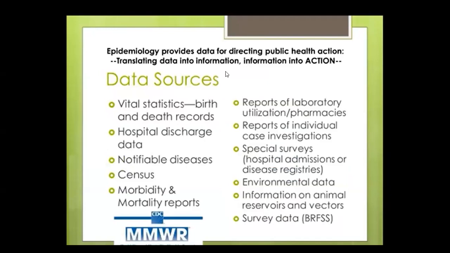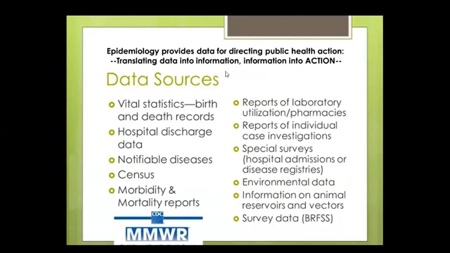For instance, our vital statistics, which contain our birth and death records, hospital discharge data for those people who are in the hospital for 24 hours or more. We have a national notifiable disease network where we have notifiable diseases that vary from state to state. We have 55 in Indiana, but there are over 100 in California that are notifiable diseases.